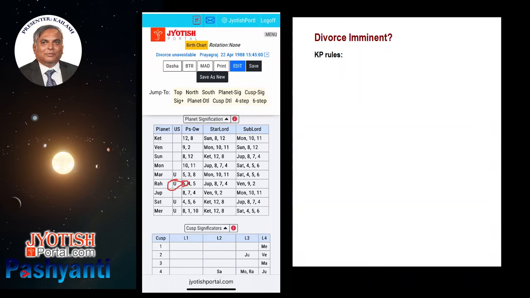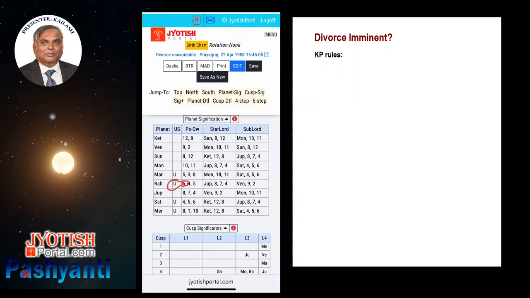I think that's what happened. The eventual separation, the goodbye thing, happened before the Rahu period ended, which was about 10 days ago. In fact, my friend confirmed when I called him. He said, yeah, the separation actually happened. So Rahu did its job.